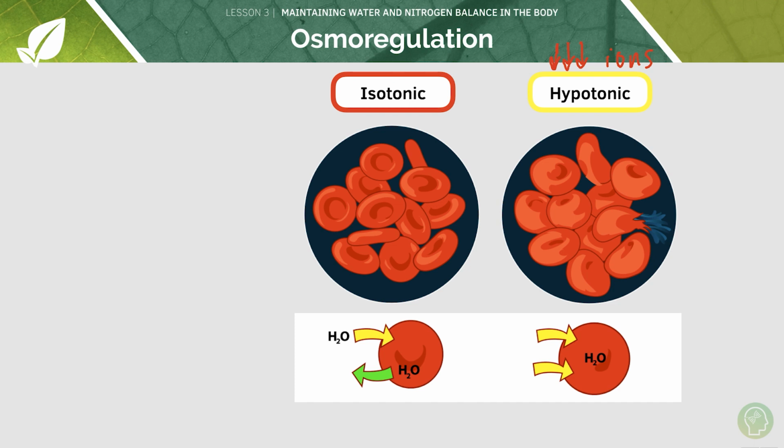So we're going to get movement of water from its high concentration to its low concentration in the cell. So there's going to be an osmotic movement of water into the red blood cell. It's going to swell and it might even burst, as we can see here.